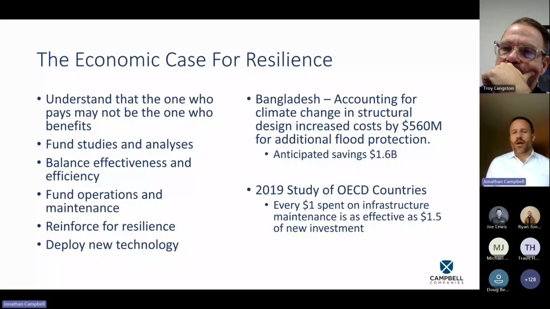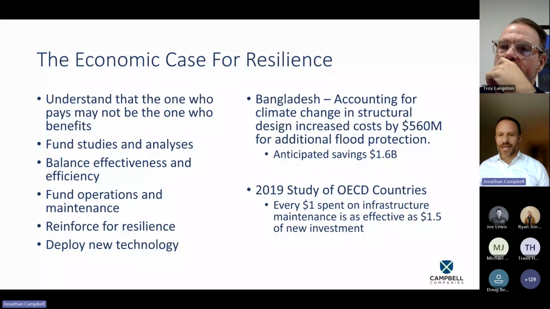There's a strong economic case for resilience as well. From this UN study, they talked about Bangladesh, how accounting for climate change in some of their structural design is anticipated to save them 3 times what they would spend. So they're going to spend a little over $500 million to account for the climate change concerns that they have, but they anticipate saving over $1.5 billion as a result.